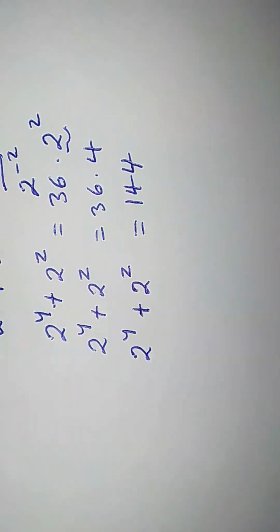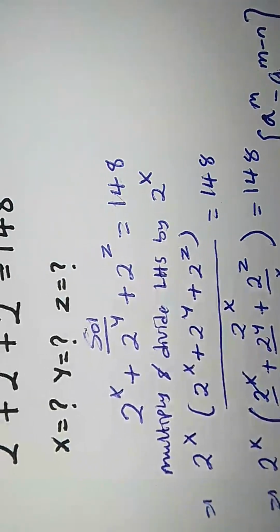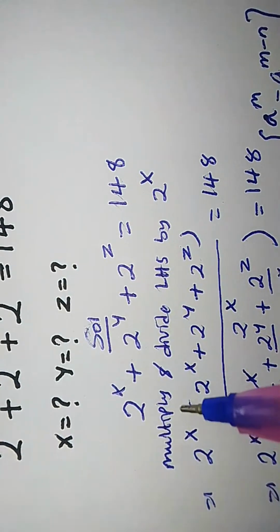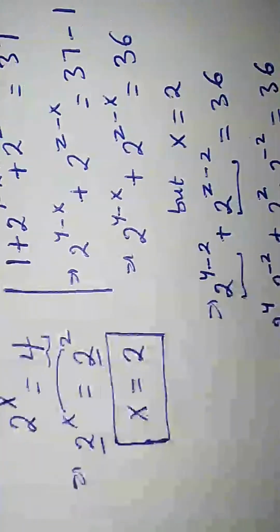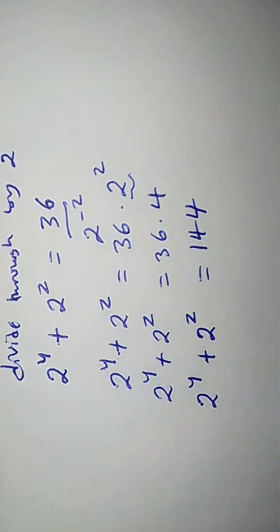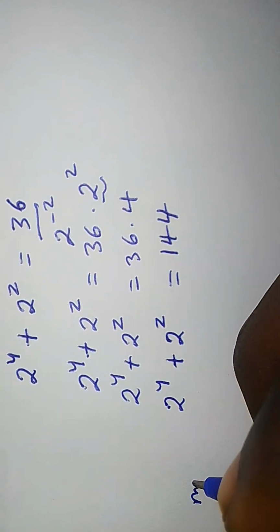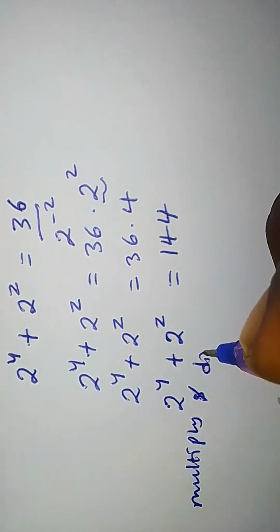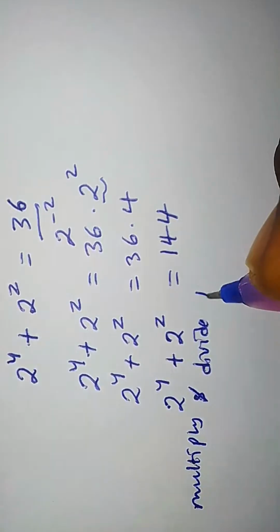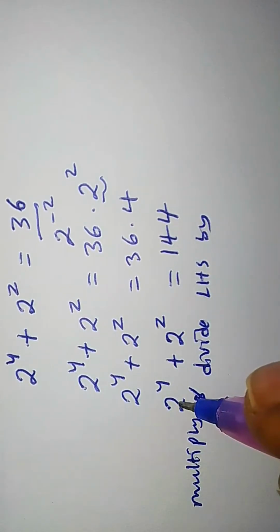Similarly, as we did for this guy, that we multiply and divide the left hand side by 2 to the power of x, let's do the same thing here. But at this stage, we are going to multiply and divide the left hand side by 2 to the power of y.